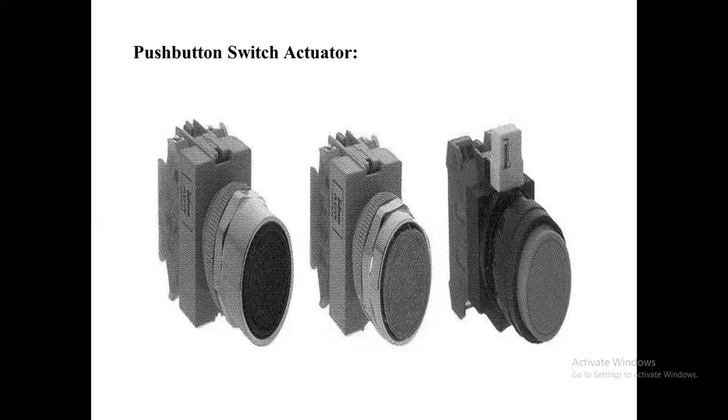The momentary push button switch is activated when the button is pressed and deactivated when the button is released. The deactivation is done using an internal spring. The maintained push button activates when pressed but remains activated when it is released.